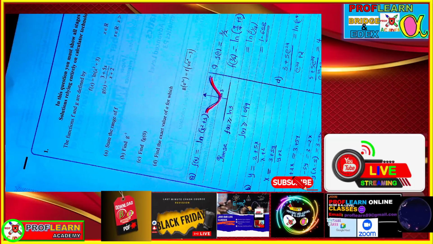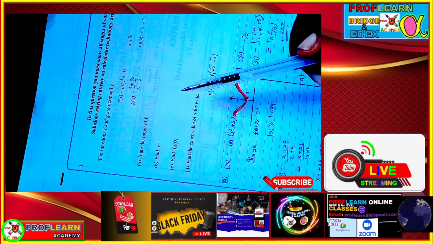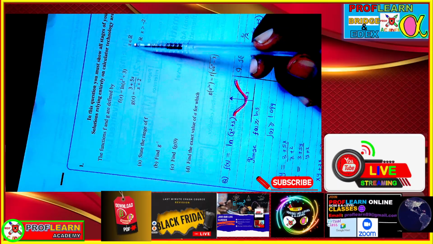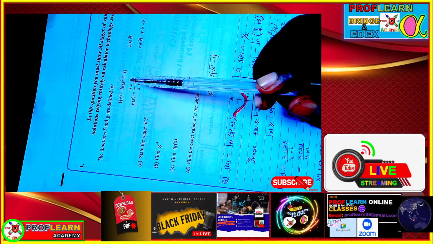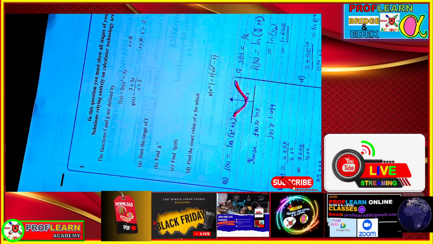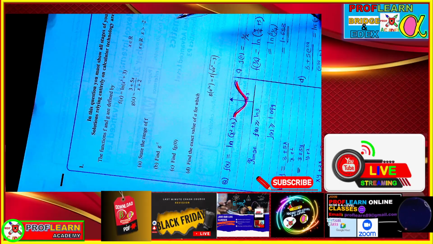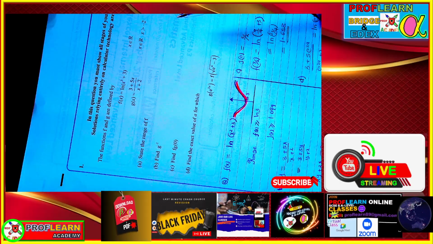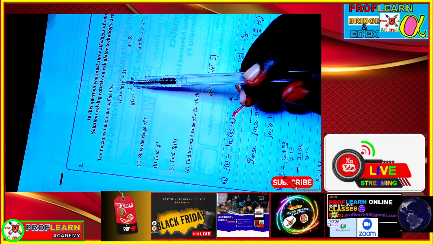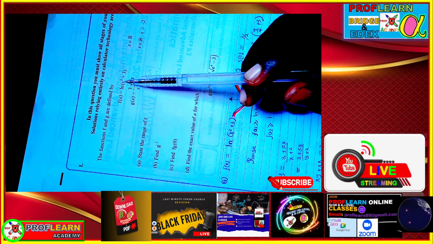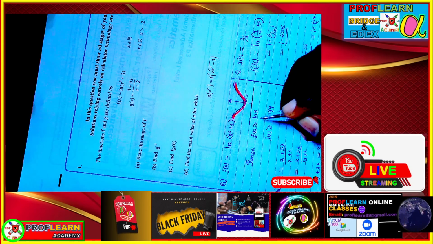But you really didn't have to know that, because we try to see the range. We are told that x is a member of real numbers, but when x is squared, it means that we are not going to have negative numbers in this case. We shall have all positive numbers, meaning that the least number we can have for x is 0. So ln of 0 plus 3 is going to be ln of 3.